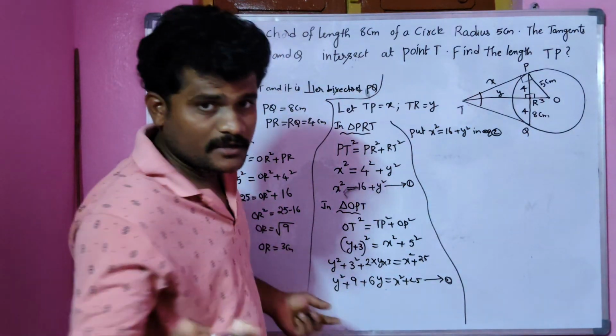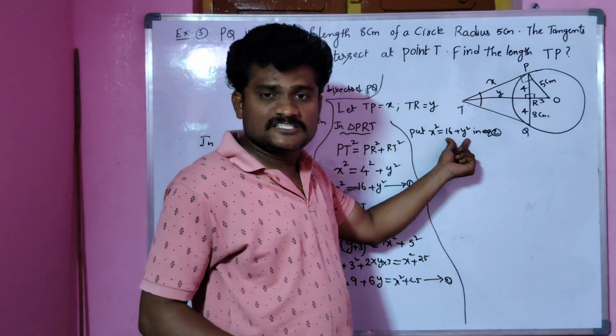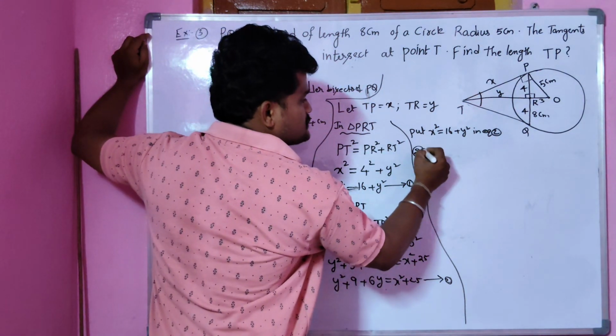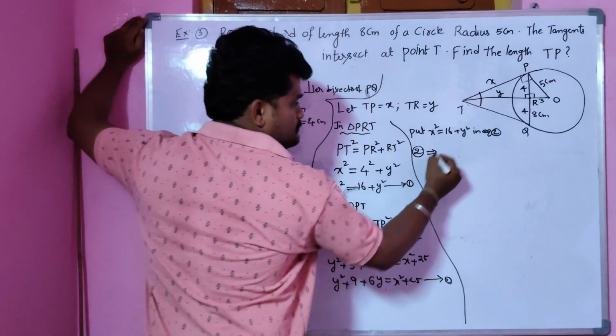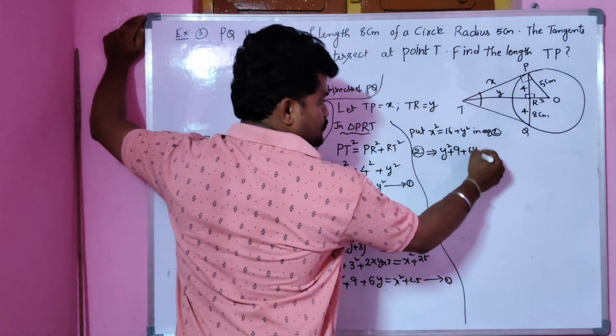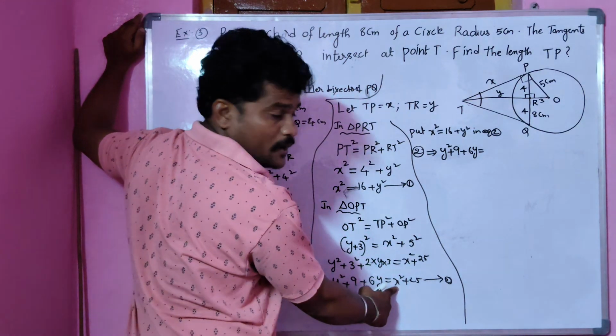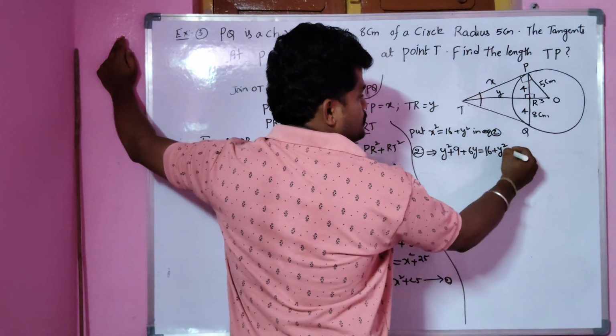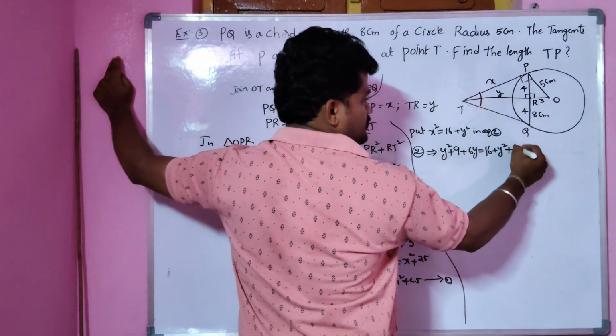Wherever there is x square, I'll write 16 plus y square. So equation number 2 is y square plus 9 plus 6y is equal to, in the place of x square, 16 plus y square, plus the 25 I have here.